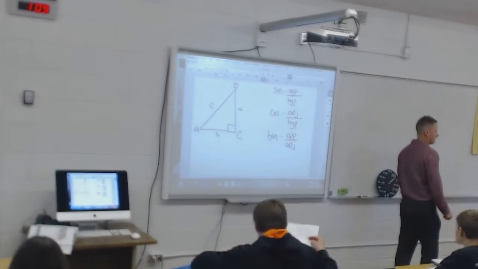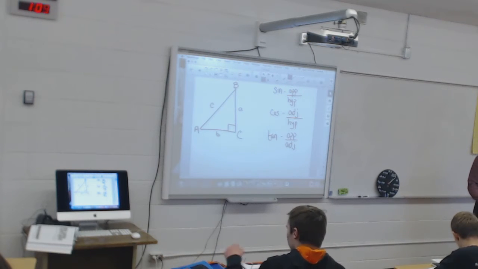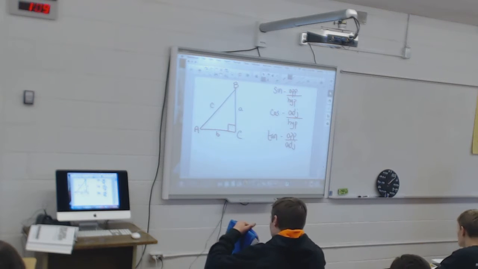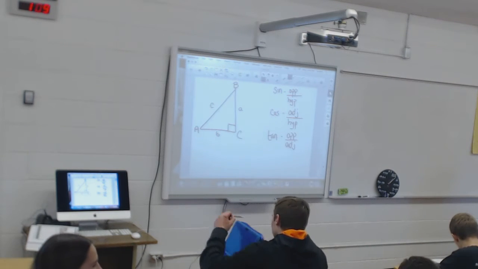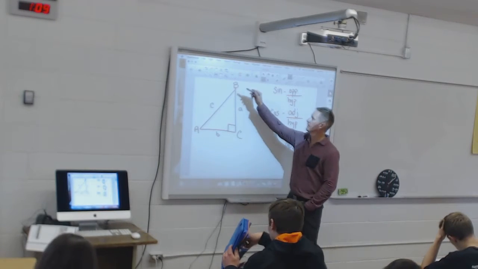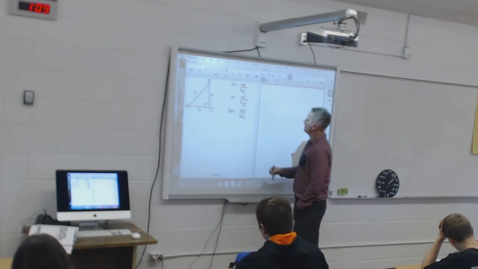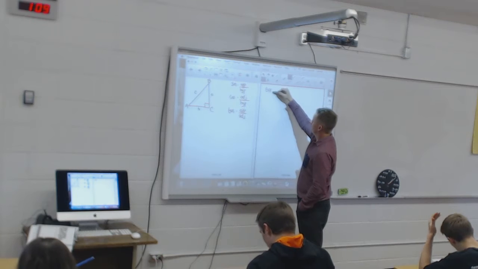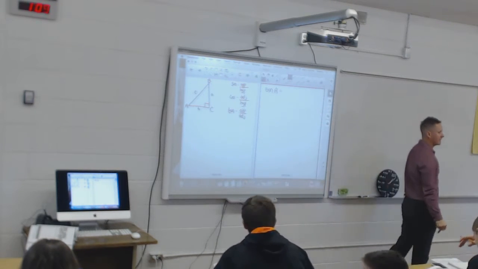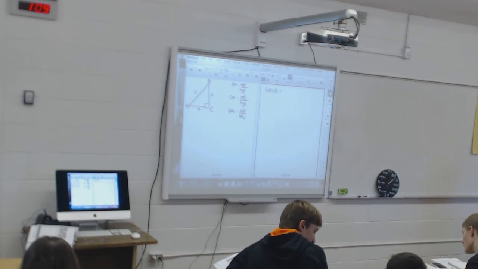So sine is comparing your opposite side to your hypotenuse. Cos is your adjacent side to your hypotenuse. And tangent is your opposite over your adjacent. So if I'm talking about sine of angle A, I'm looking at the ratio of the side opposite over the hypotenuse.